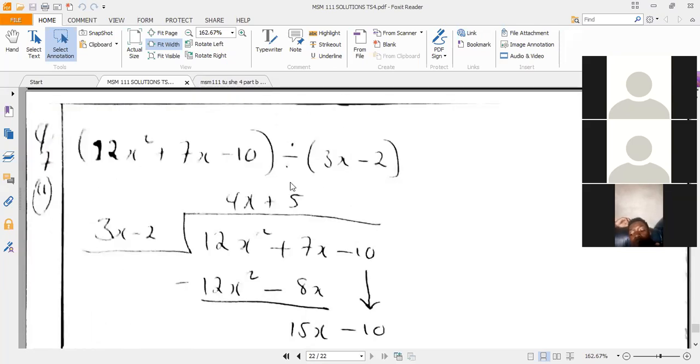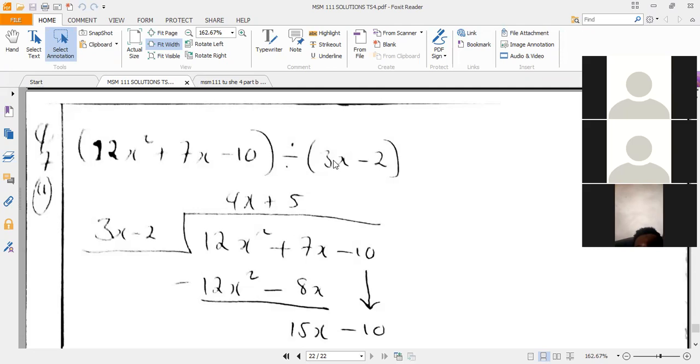Now, question 7, it's asking us to find the quotient and the remainder for each of the following division problems. So here they have not specified which method you can use, isn't it? But we know that when the divisor here, the 3x minus 2, has a coefficient of 3 in front, it simply tells you that you shouldn't use synthetic division.